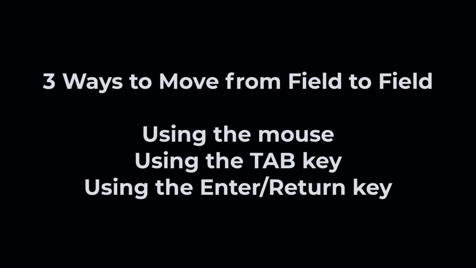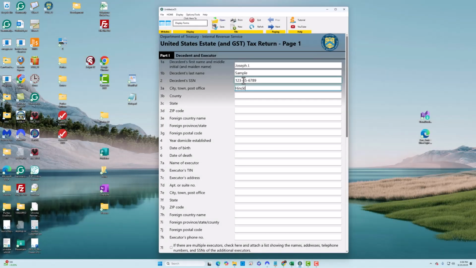Bang, that'll take you to the next one. And you could also hit the enter key, and that'll take you through to the next one. Nice. It's very handy when you're just going through putting in information and not have to use the mouse to jump from field to field.